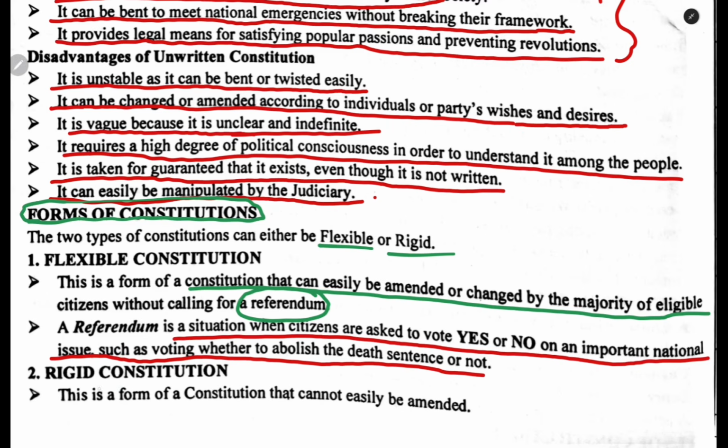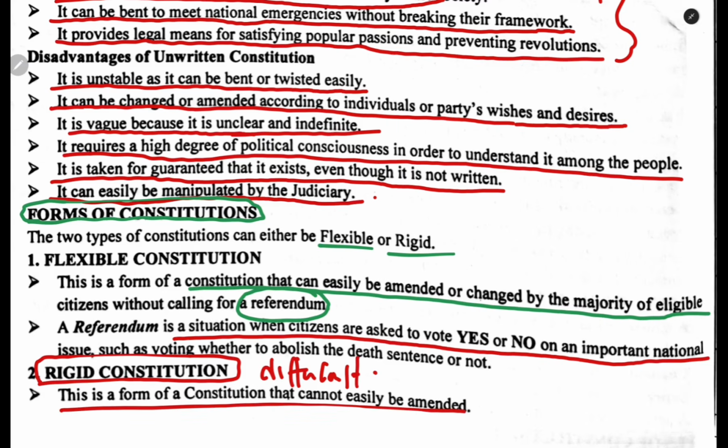Then on the other hand, we have the rigid kind of constitution. Rigid means difficult. In terms of amendment, this is the form of constitution that cannot easily be amended. Remember, the flexible one can easily be amended, but this one cannot.